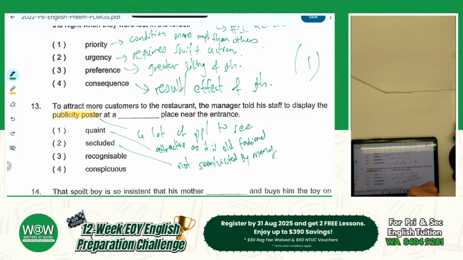Okay, Adrian, I like potato number 4. Okay, conspicuous basically means that something is clearly visible. Okay, while recognizable means something is familiar because it's seen before. Okay, so in this case here, our answer, like what you have said, is number 4. Very good.